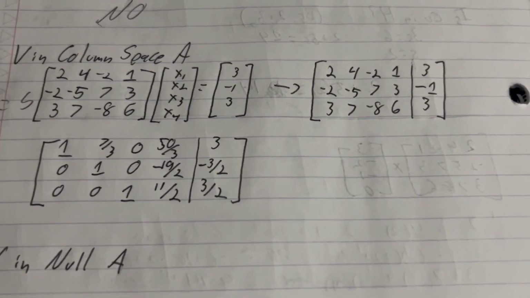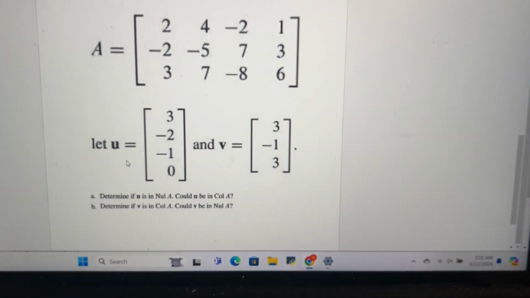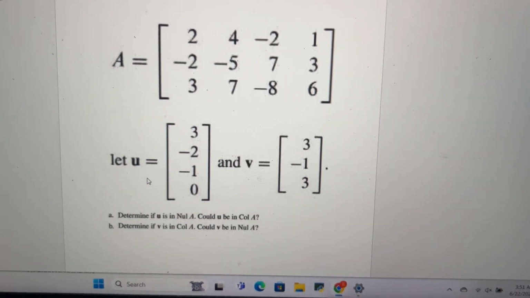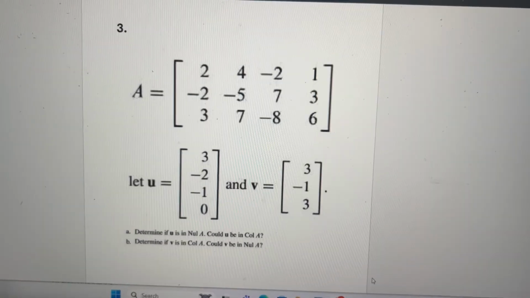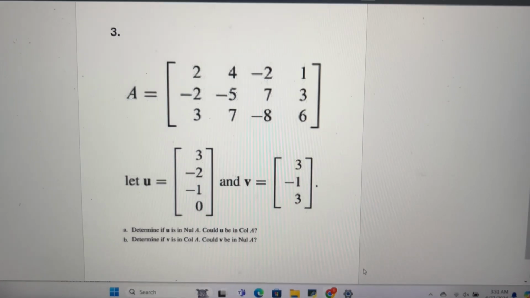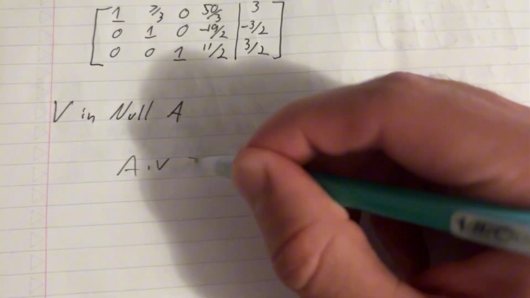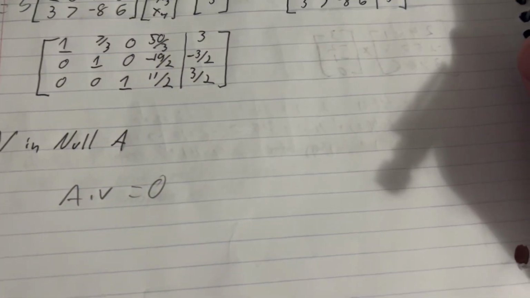Now the final part of this: is V in Nul A? Again, we can look at this and see that V is not in Nul A because it wouldn't satisfy our equation. For the null space, we need this equation right here: A times V equals 0.